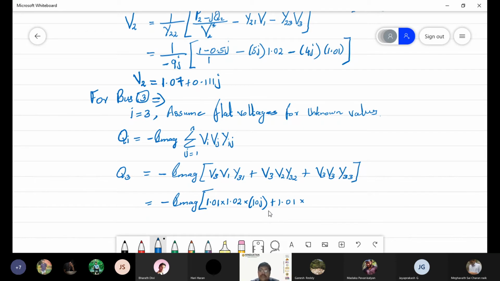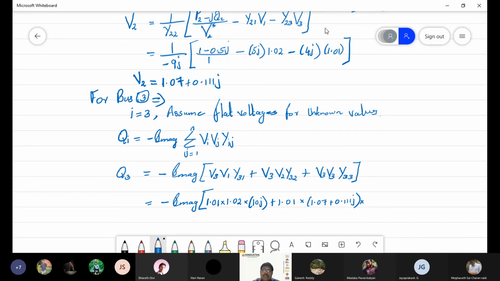Therefore we can substitute V2 here, 1.07 plus 0.111j, multiplied by Y32.